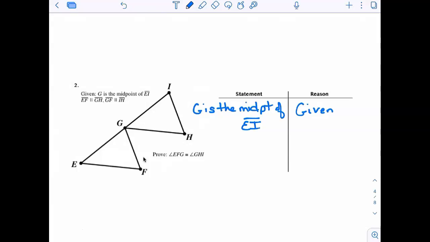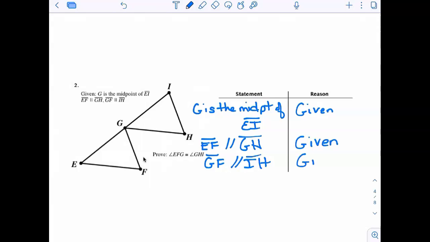Okay, we're also given that segment EF is parallel to GH, and then we're also told segment GF is parallel to IH.